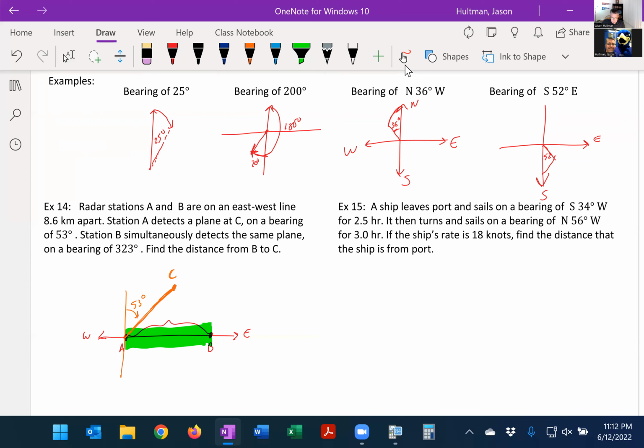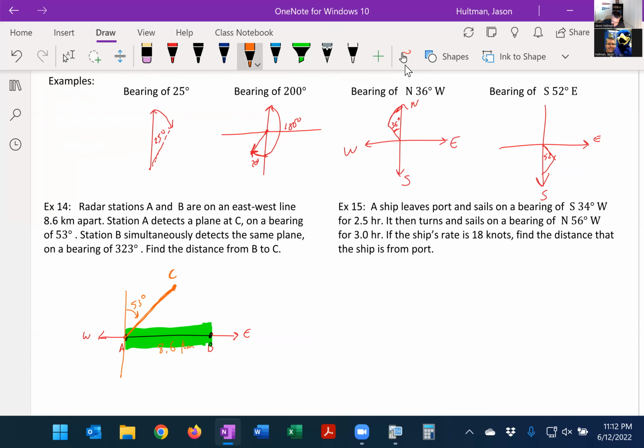I'm going to get rid of that. This is 8.6 kilometers. I'll just write that underneath, because the triangle we're going to build is actually going to be above. So I'm going to erase that. Station A detects a plane at C on a bearing of 53.